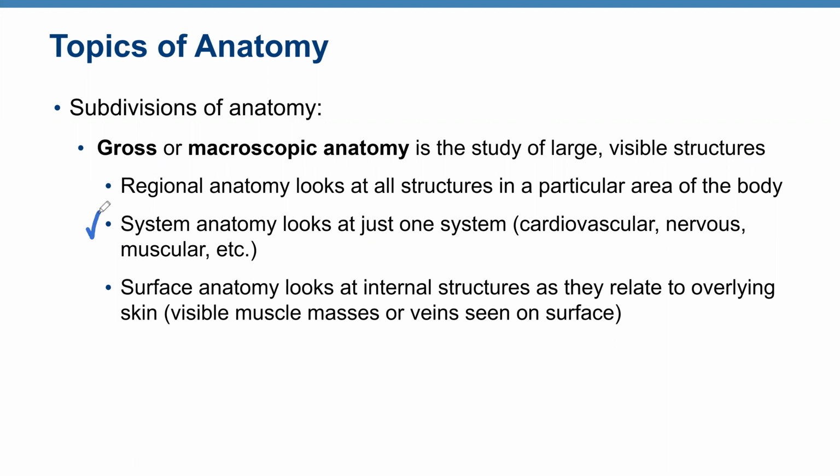Systemic anatomy looks at just one body system, for example, cardiovascular, nervous, muscular, etc. And surface anatomy looks at internal structures as they relate to overlying skin, for example, visible masses or veins seen on the surface.